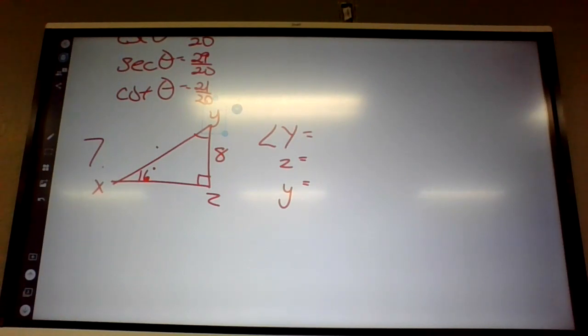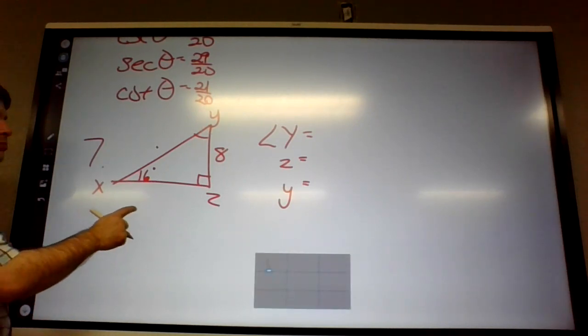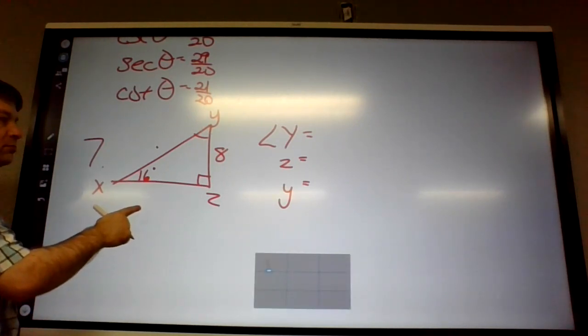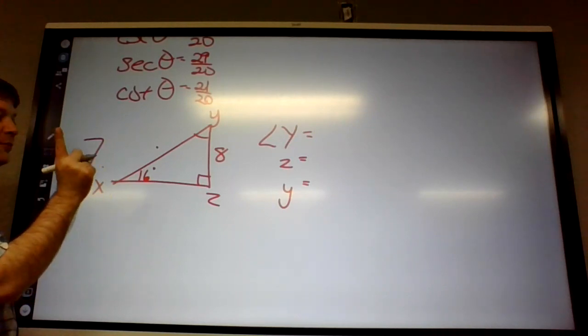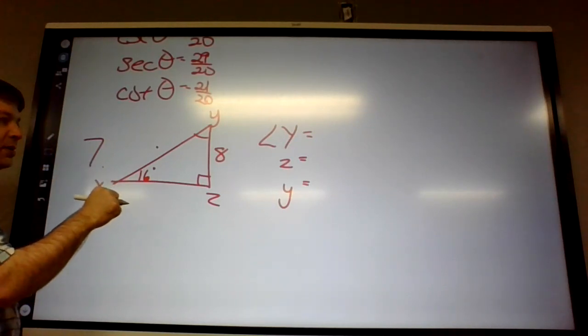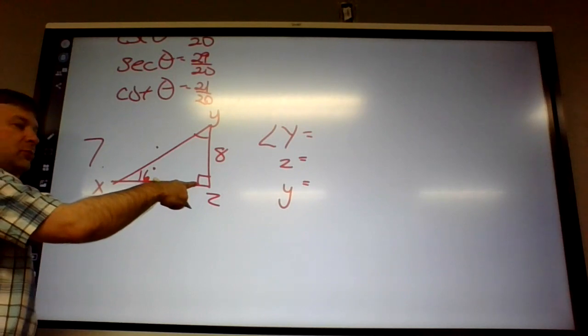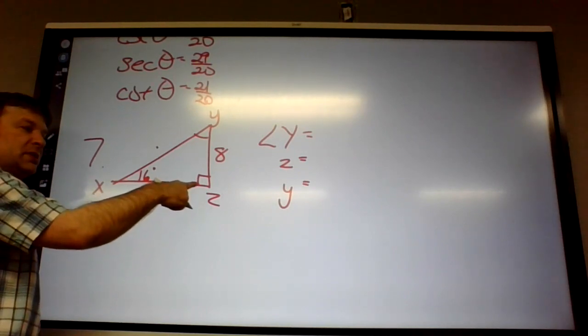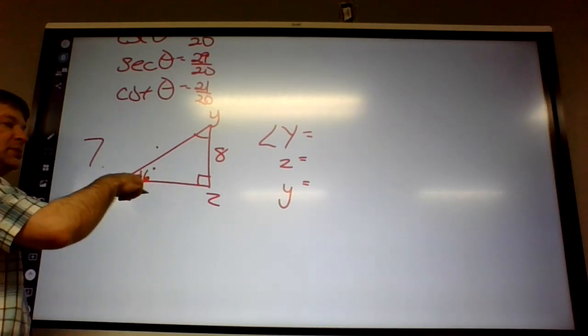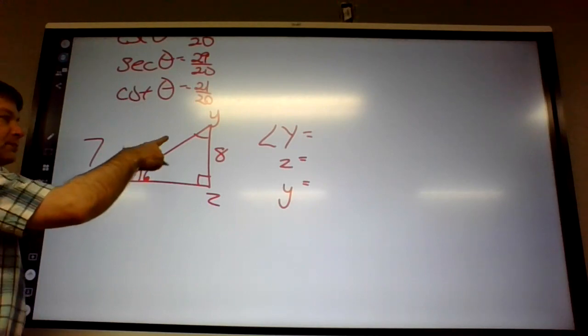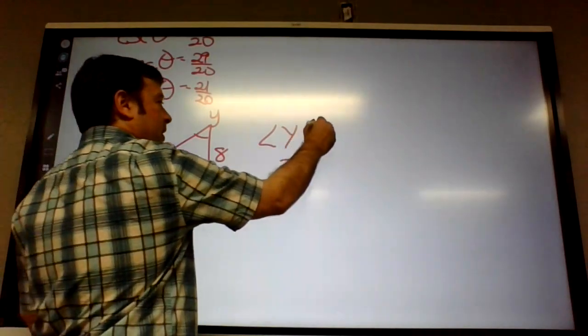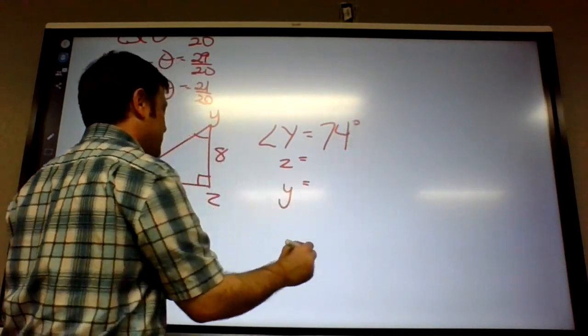Sure. You know how we'd find angle Y? 16 plus 90, and then subtract from 180. And on right triangles, when you do 180 minus 90, it's always 90. So you could always just do 90 minus 16. So 74. Yep. Okay, and then Z.